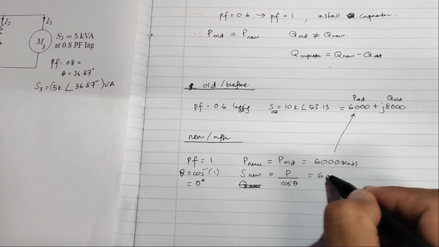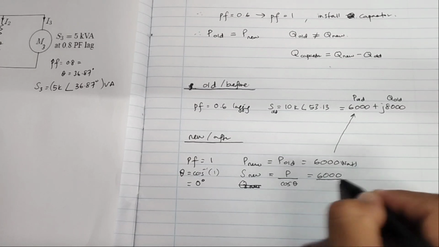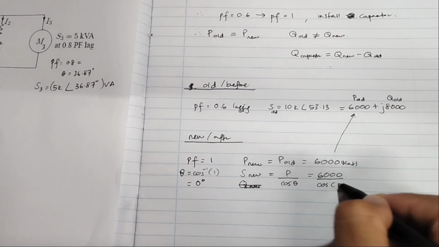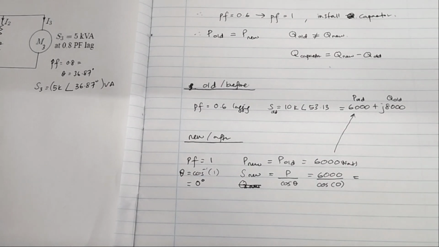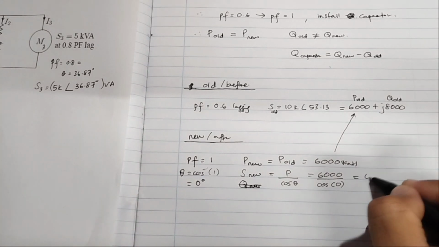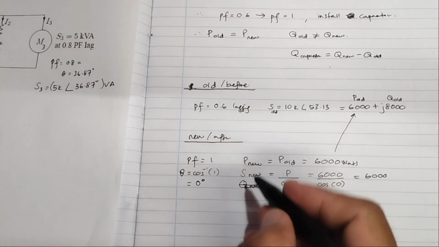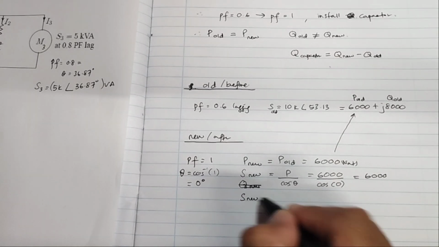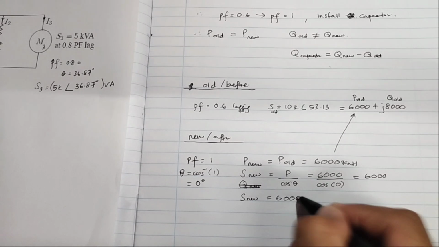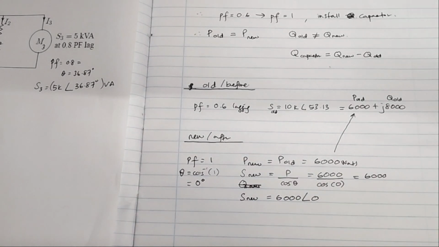So, cos kosong akan jadi 1 lah, 6,000 jugalah. Okay, dapat. So, magnitude S pun sama. S new sama dengan 6,000.